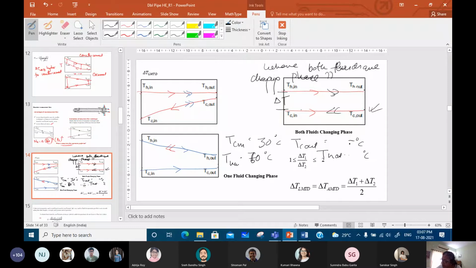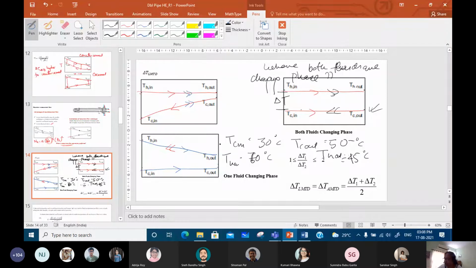Say Th out equals 45 degrees centigrade, and the cold fluid is from 30 degrees centigrade to 50 degrees centigrade. So the cold fluid is being heated from 30 to 50 degrees centigrade, and the hot fluid is being cooled from 60 to 45 degrees centigrade.